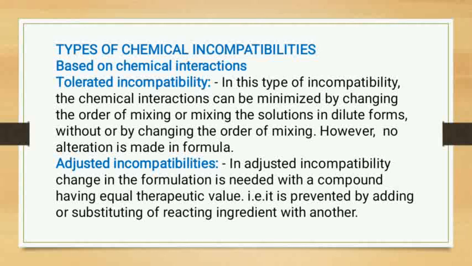The substance which is reacting, you can replace with some other substance which is equivalently therapeutic in nature, that provides the same effect. Okay, so in tolerated incompatibility, there is no need of change in formula. However, in adjusted incompatibility, there is need for change in formula.